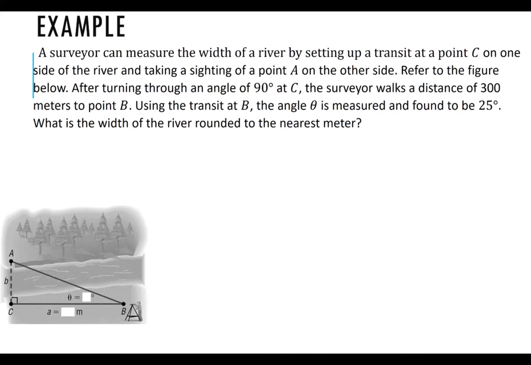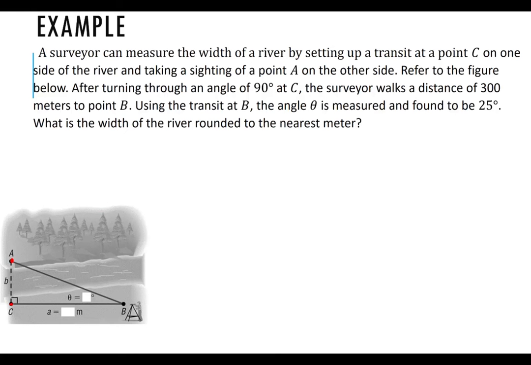Alright, an application problem. A surveyor can measure the width of a river by setting up a transit at point C on one side of the river and taking a sighting of a point A on the other side. Given the figure, after turning through an angle of 90 degrees, so the surveyor was looking here, and then they rotated to here to give us 90 degrees, okay, but that's all in our figure.